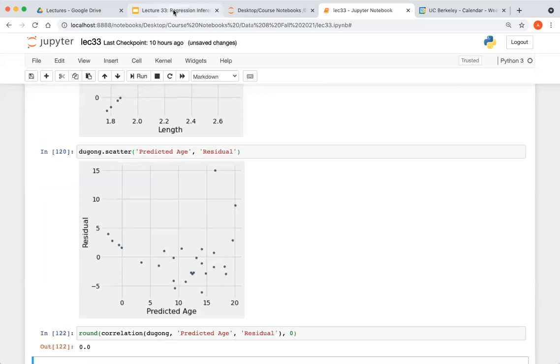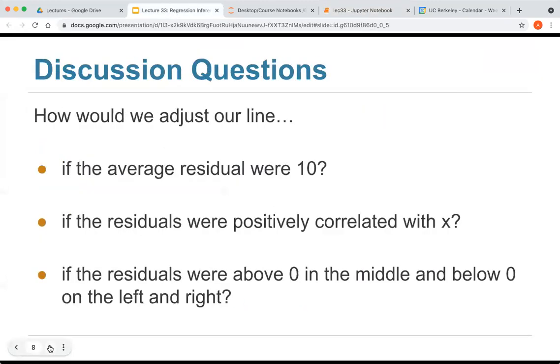And so let me ask you to just check. Supposing you used a line to make a prediction, and you calculate, well, actually, this should not say residual. It should say, if the errors on average were 10, then what should we do? What have we learned about our line?